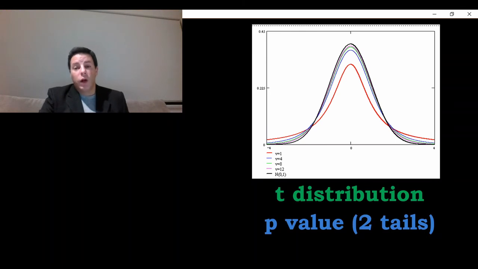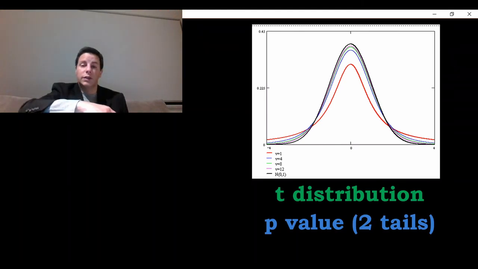Why is that? Well, because we said in our hypothesis that we are going to find values that are different than 0. So it could be negative or positive. So when that is the hypothesis, then we need to look at the two tails of the distribution to determine the p-value or the probability.